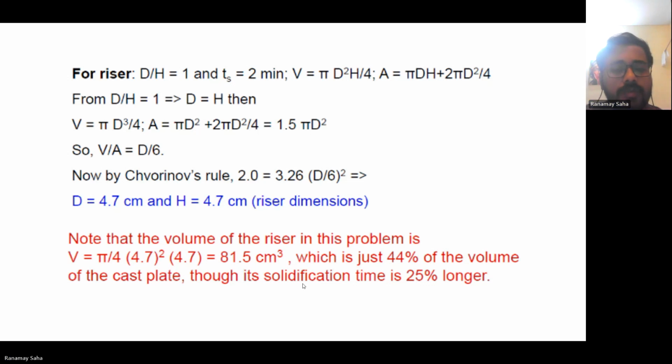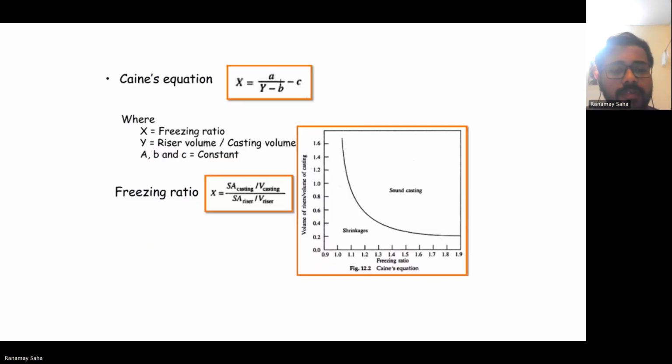Now moving ahead to the final part. Another method of riser design is called Caine's method. It relates the ratio of the surface area to volume of the casting, and the volume ratio of the riser to the casting.